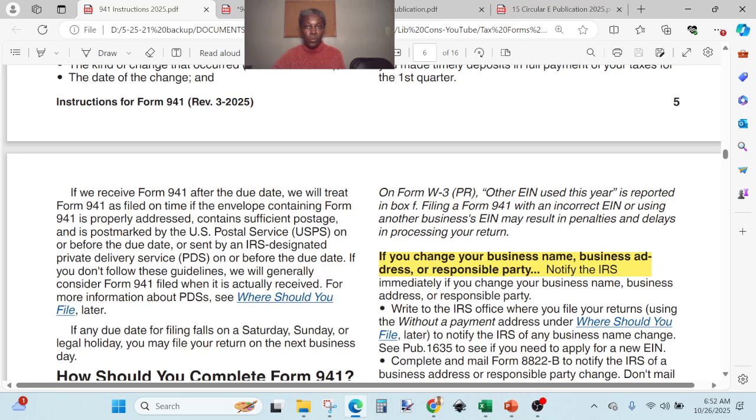If it never happened before, they might forgive that and say it's just one-time forgiveness. If it happens again, there could be a penalty. Or another option will be to send them information to prove that you mailed it on time. And that's when those slips will come in handy.